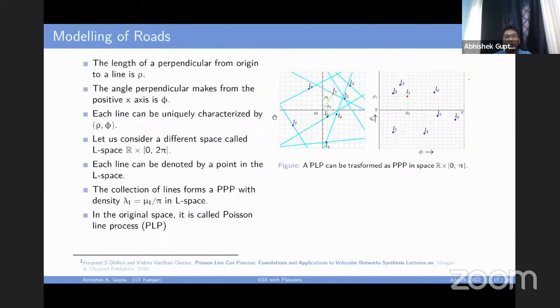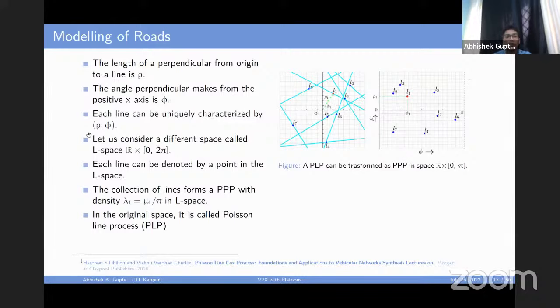Any particular road can be characterized by its perpendicular distance from the origin, which we call rho, and the angle of this perpendicular from the x-axis, which we call phi.